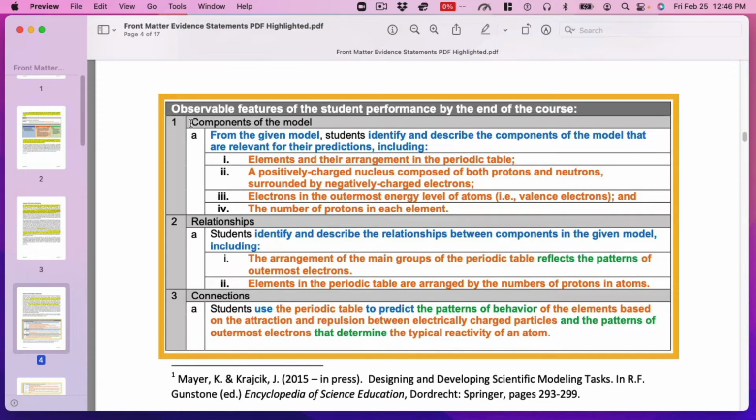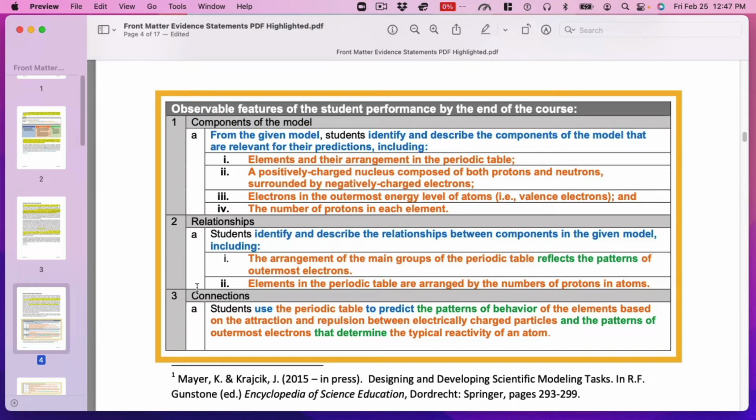And if I have a performance expectation about modeling, I know that I'm going to ask students to look for the components of the model, the relationships within that model, and the connections in that model. You can see that the evidence statement really does start out with that science and engineering practice, which is in blue. And then scaffolded within that, you will find the disciplinary core ideas in orange, and then again, the cross-cutting concepts in green.